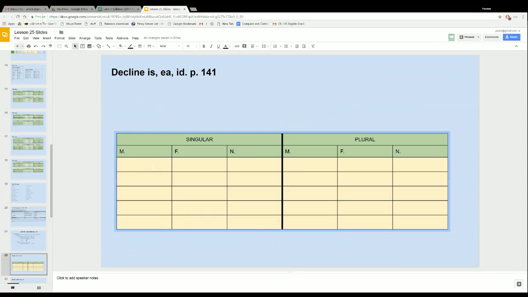Now, what we're going to do first is is, ea, id, and you guys are going to recite. I'm going to try to keep up typing, but we're going to fill in this chart, okay? So I'll have Ellie set the pace. Ellie, if you would please lead. All right. Is, ea, id, eius.